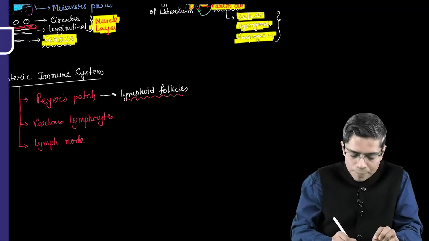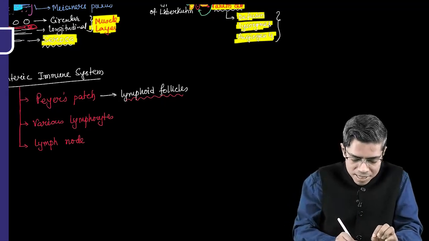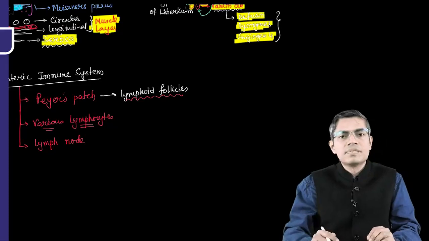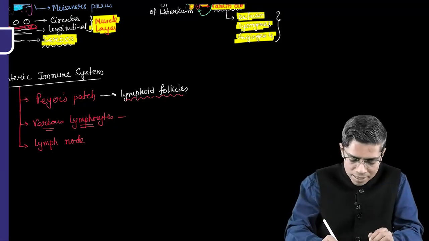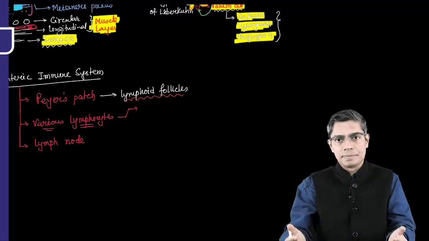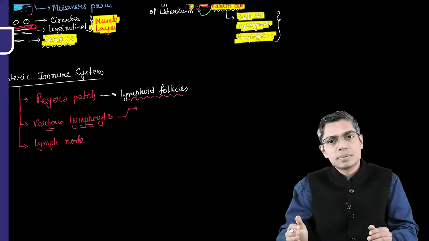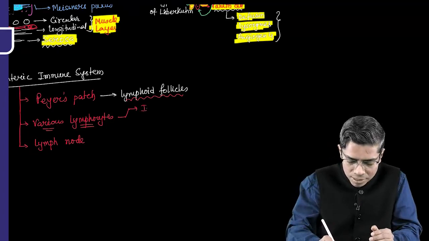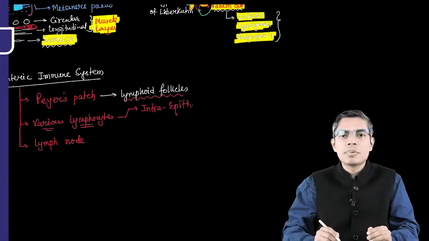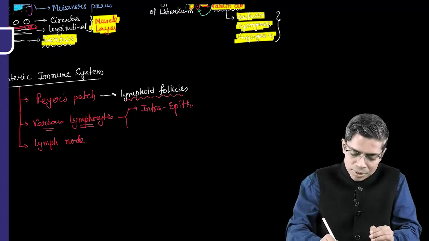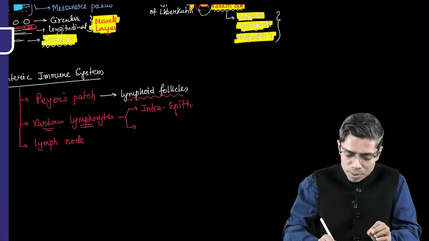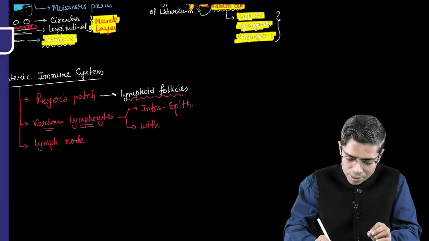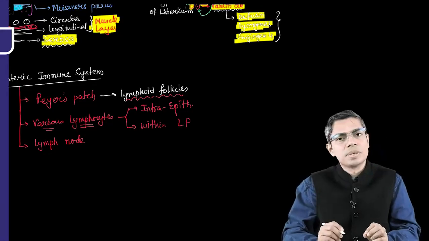Now I told you that apart from the Peyer's patch, different types of lymphocytes are also present. These lymphocytes can be present in between the epithelial cells of the GIT, and that is known as the intraepithelial lymphocyte, and some individual lymphocytes and mast cells can also be present within the lamina propria region.